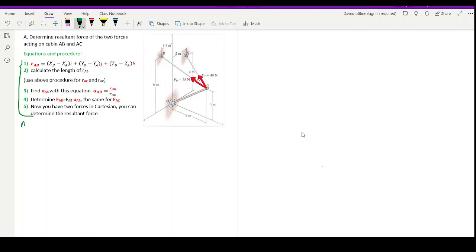Let's start with AB. Very quickly, you need to write the coordinates for point A, which are 0, 4, and 3, and the coordinates for B, which are 1.5, 0, and 6. From here, you need to plug into this equation to find rAB in Cartesian.